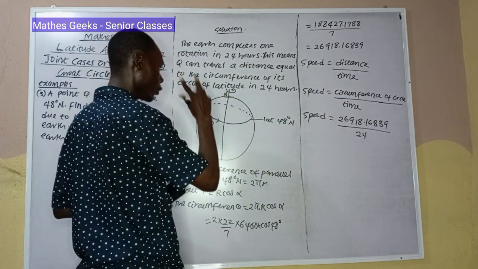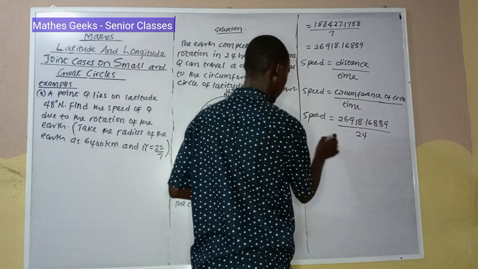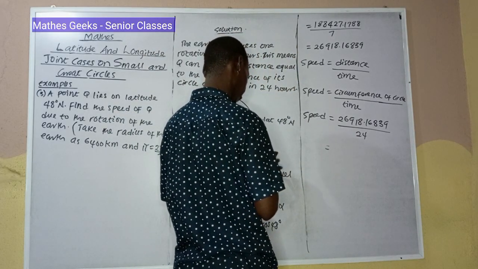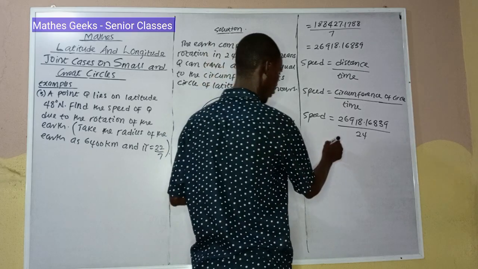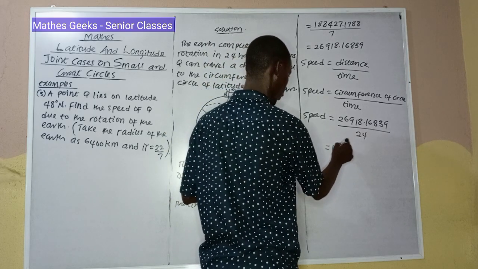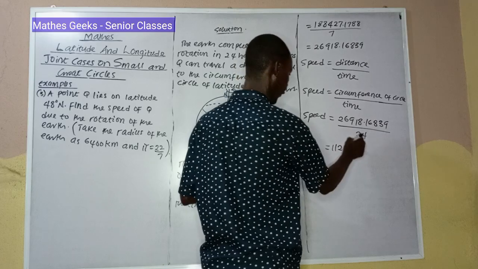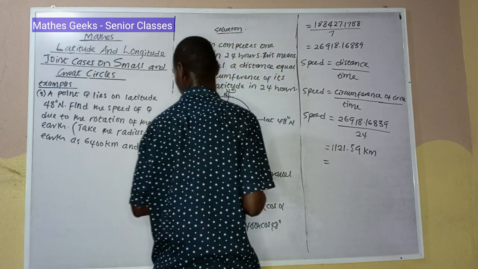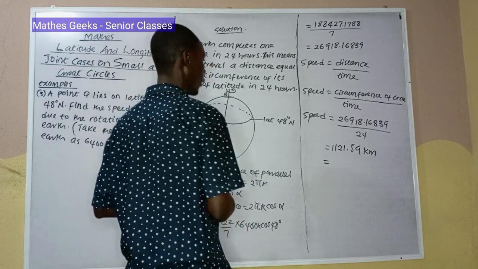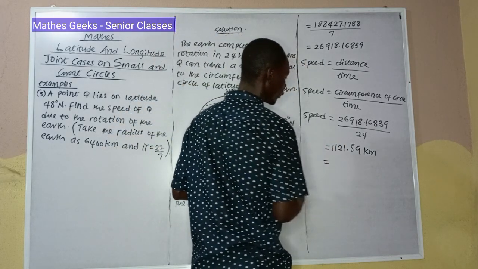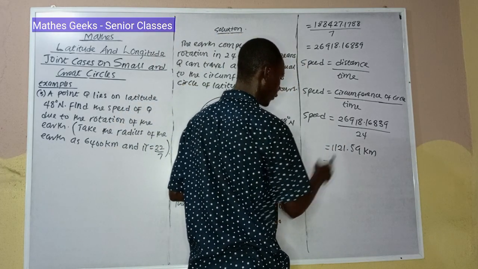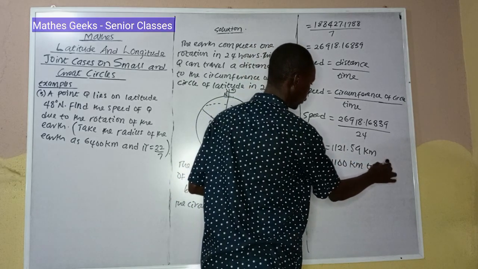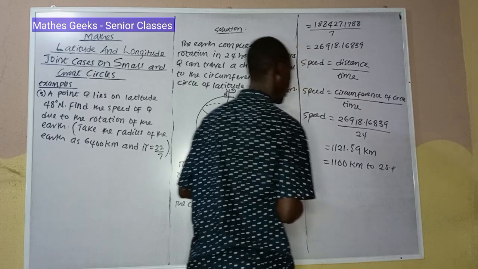This gives 1,119.59 kilometers per hour, which to two significant figures is 1,100 kilometers per hour.